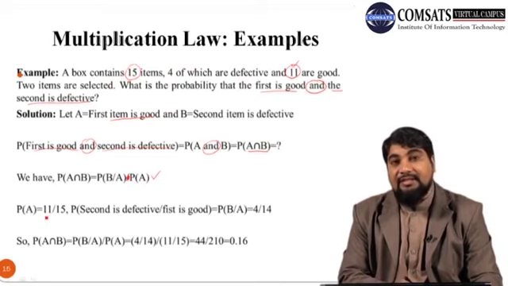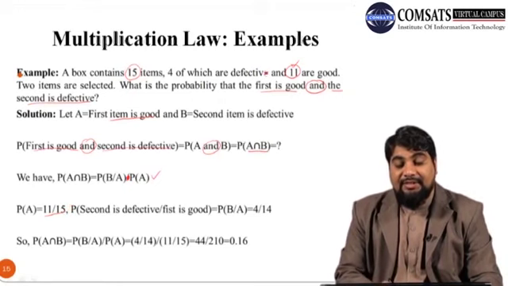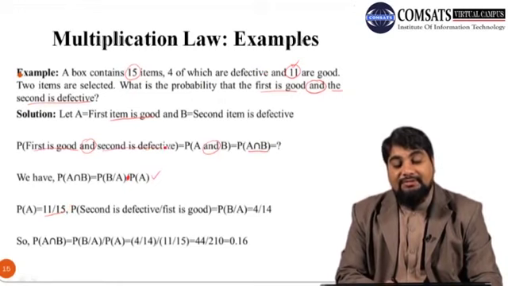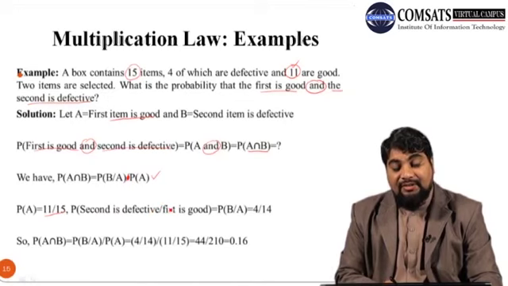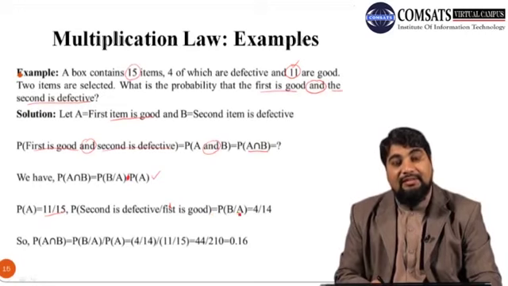So P of A is 11 out of 15. And now the question is, the second one is defective, that is, the probability that the second is defective given that the first one is good. So it means B given A.